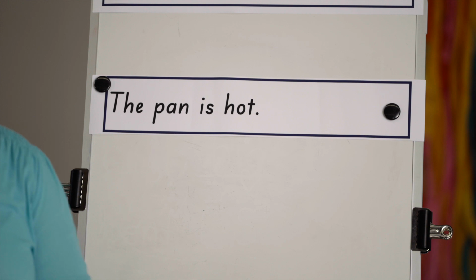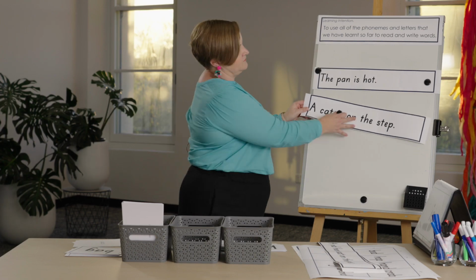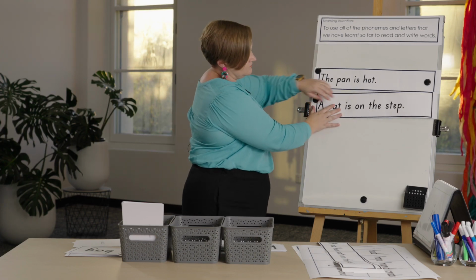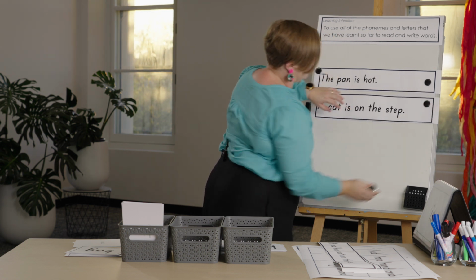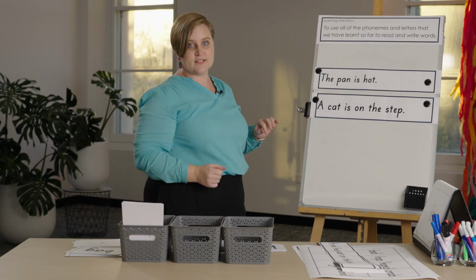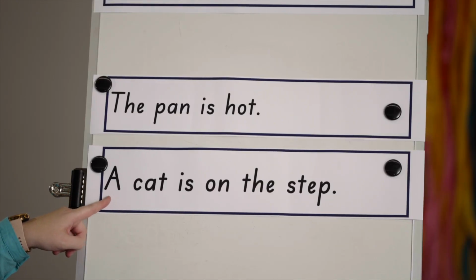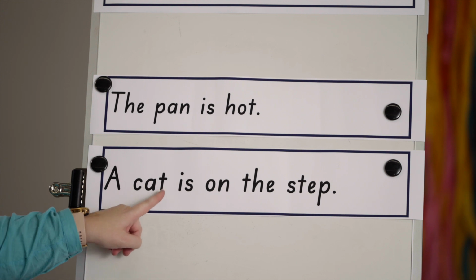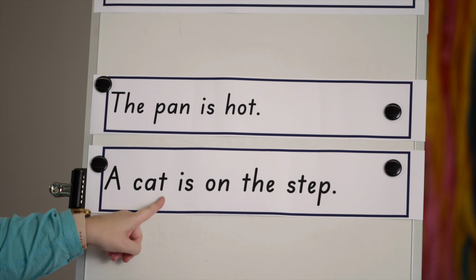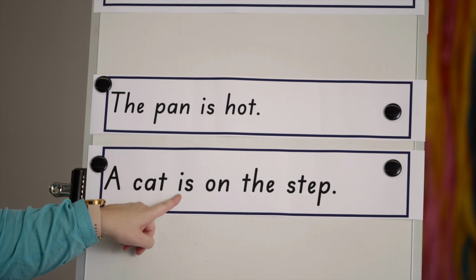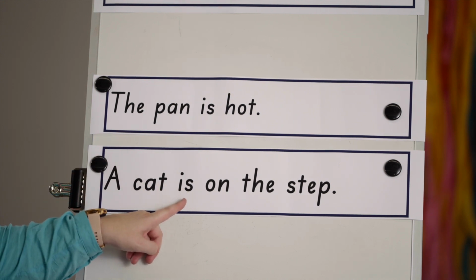Our next sentence. Let's read this one together. A tricky word. Let's sound this word out. Cat. What word? Cat. Read it from the beginning. A cat. Here's this tricky word again.